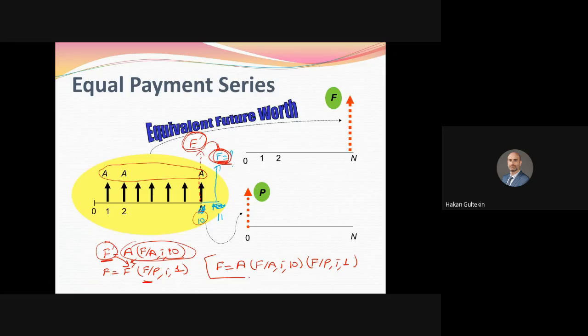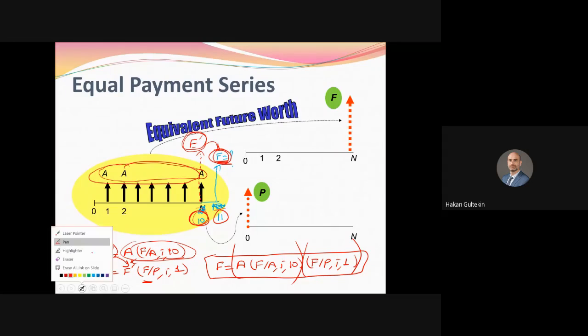Now this formula calculates the future amount of such a transaction at the end of year 11. But if you want to find its future value at the end of year 10, only this part is enough. This part is necessary if you want to find its equivalent value at the end of year 11.